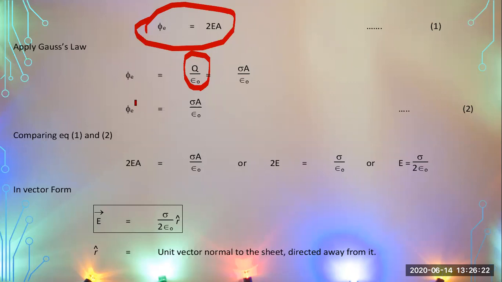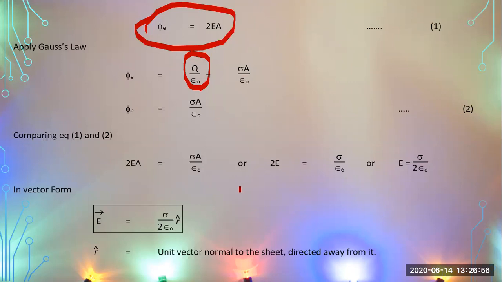Already you have calculated, by using the shape of the area considered from the whole infinite charge sheet, the electric flux, and that is 2EA. Put the value of 2EA here and use the same relation which you have already calculated to find how much charge is enclosed, from how much area, and what the total electric flux was.